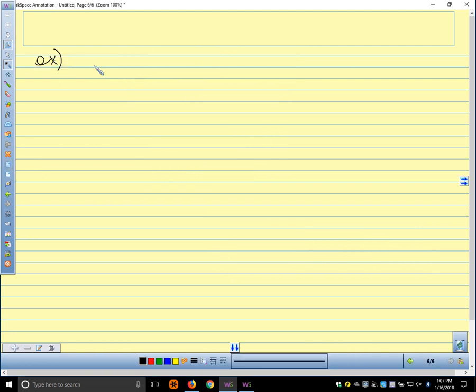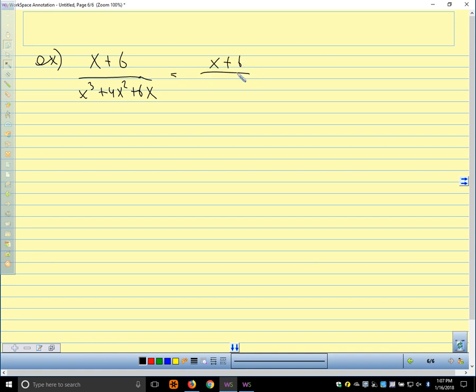This one with a quadratic factor. All right, so what's our first step here? Factor the denominator. How are we going to factor it?